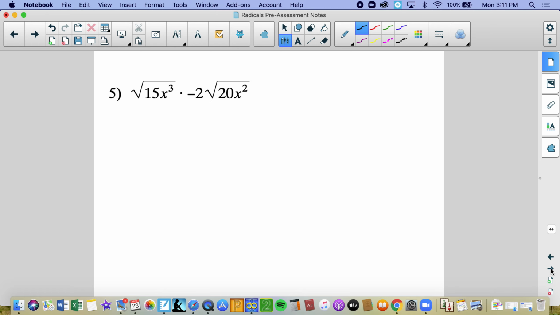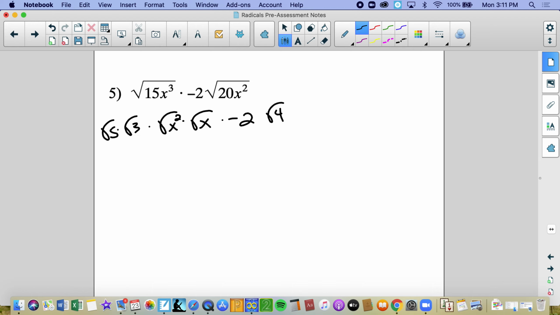Number 5. I'm going to break up rad x cubed into rad x squared, rad x. I have my negative 2. I have my rad 4. In fact, I'm going to break up rad 15 into rad 5, rad 3.